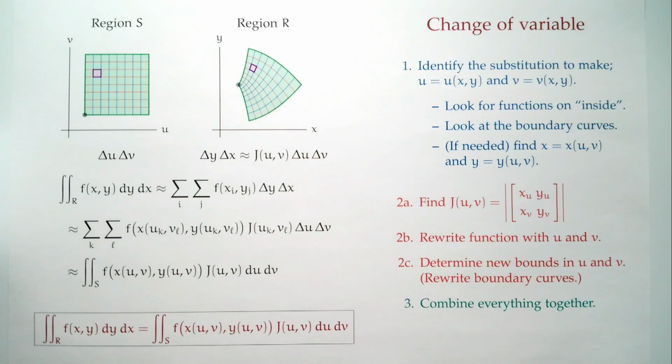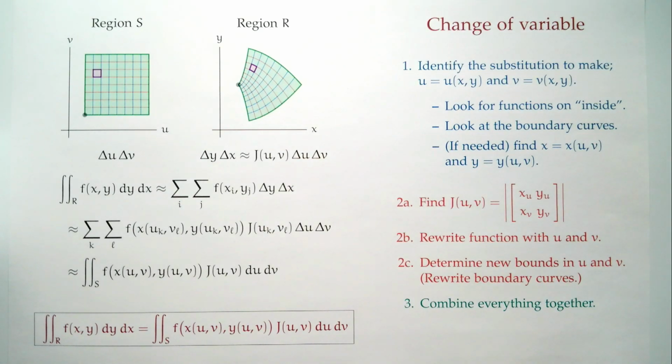Those new equations become my new boundary curves in the new variables. And I make my new figure. And then I set the bounds. So that's how I recommend doing the bounds. And once you have all these three parts, how you split things up, how you write the function, what your bounds are, put everything together, and you've done your change of variable.